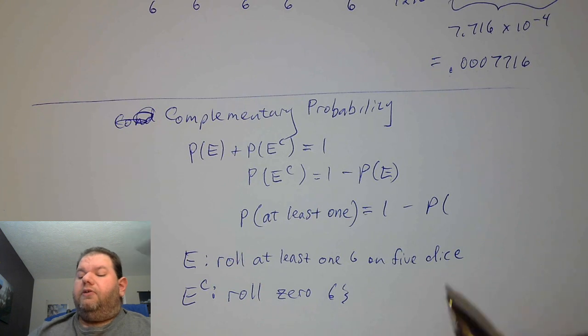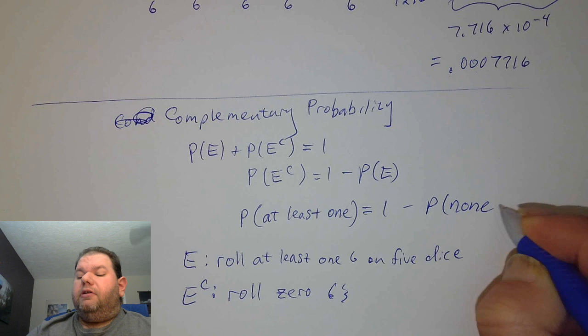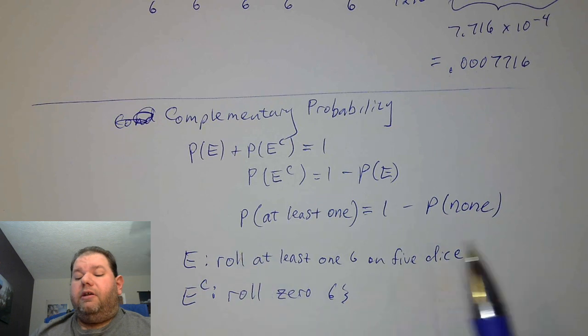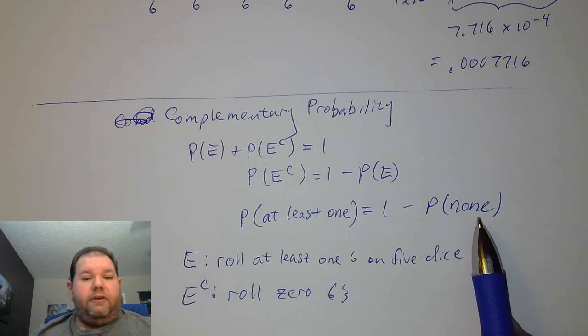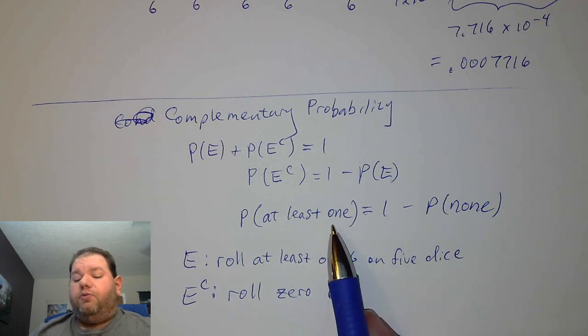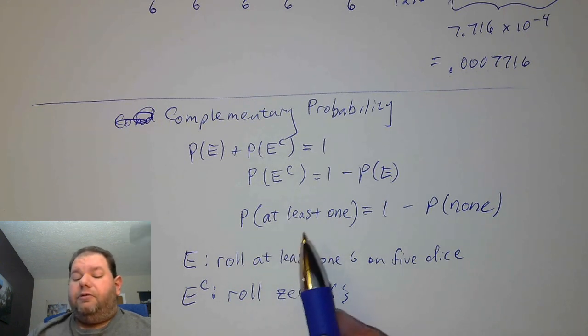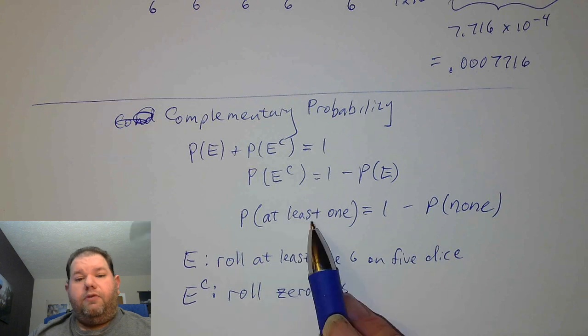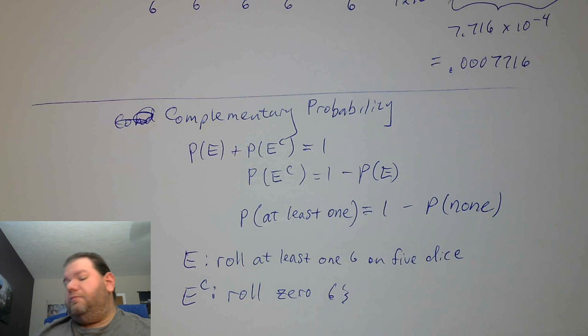Okay. So the way that we like to summarize that is, if we want the probability that at least one of something happens, then the complement of that is that none of those things happen. If it's 1 or more, then the opposite is 0. So either we get 1, 2, 3, 4, 5 6s, or we don't get any 6s.